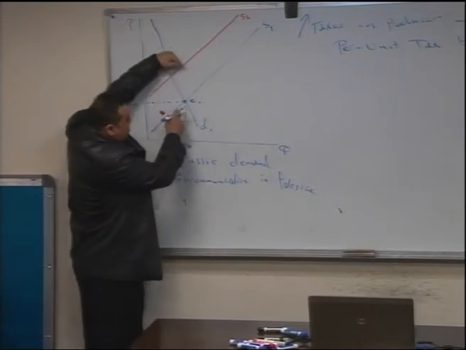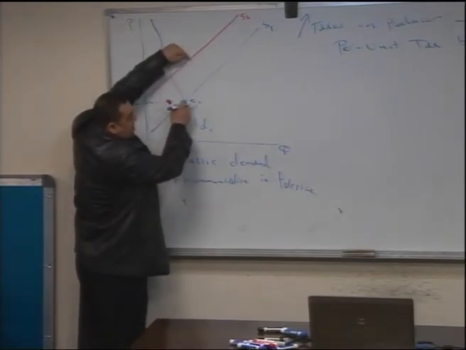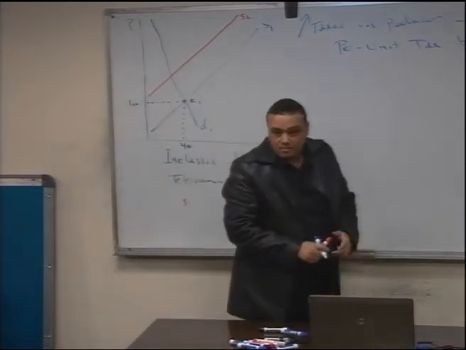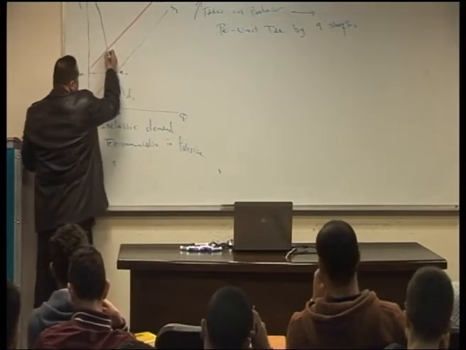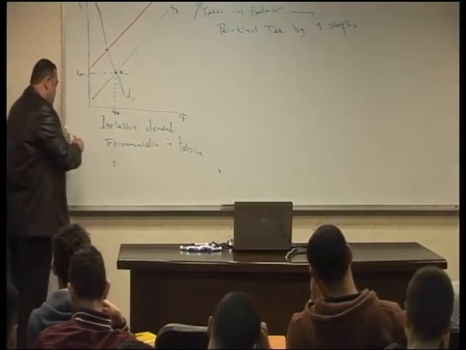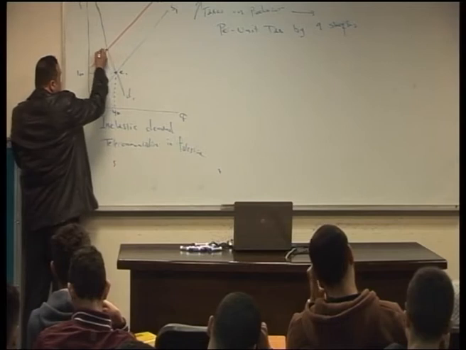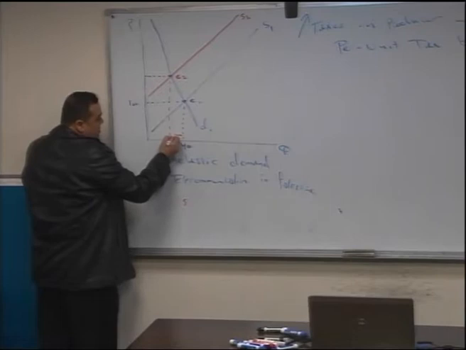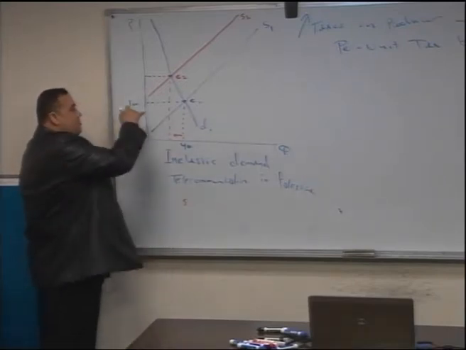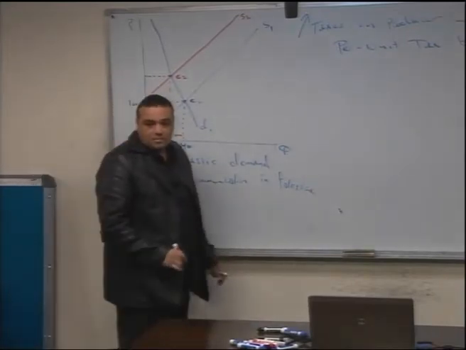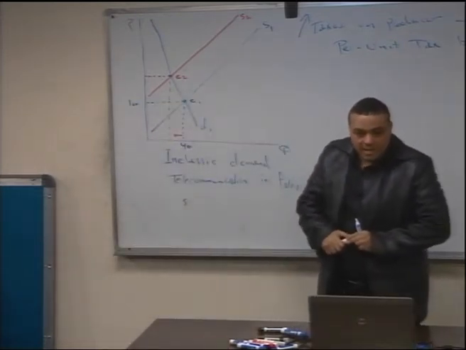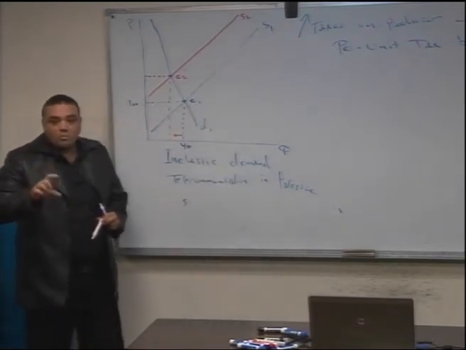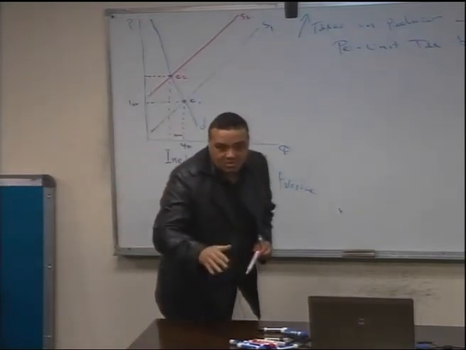The vertical distance between A1 and S2 at each point equals 9. So here we have a new equilibrium point, which is E2. The quantity has declined, and the price increases. But by how much, and where is the tax? And who bears the most and the least of the tax burden?